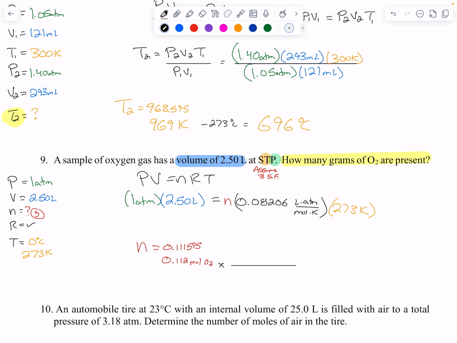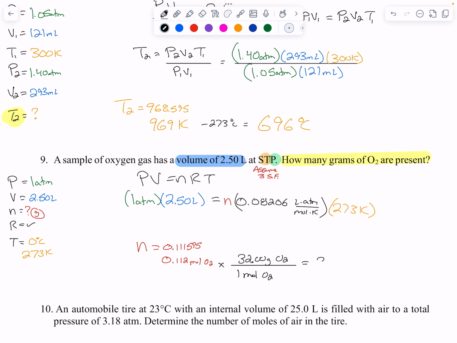And of course, we want to convert that, 1 mole of O2, and we have to convert to grams. 32.00 grams of O2. And if I do that, I get 3.584, right? 0.112 times 32.